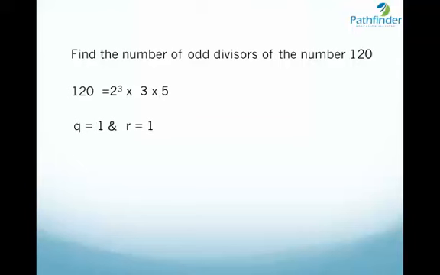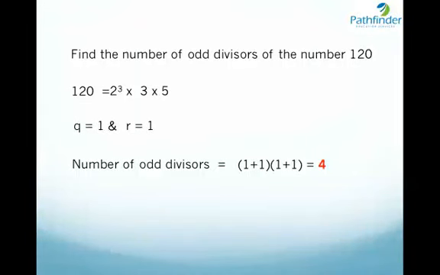So q is equal to 1, that is 3 has a power of 1, and r is equal to 1 because 5 also has a power 1. So the number of odd divisors is given by q plus 1 into r plus 1, which is 1 plus 1 into 1 plus 1, which is equal to 4. So there we have a very simple method of finding the number of odd divisors of the number 120.